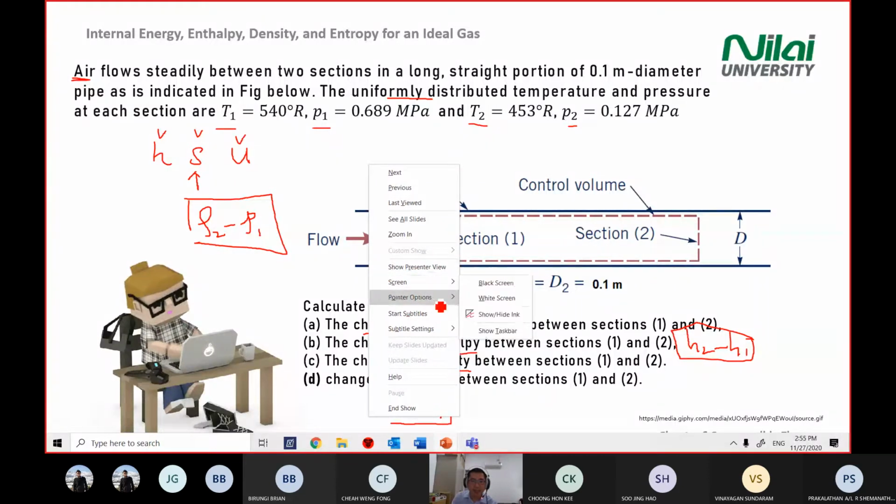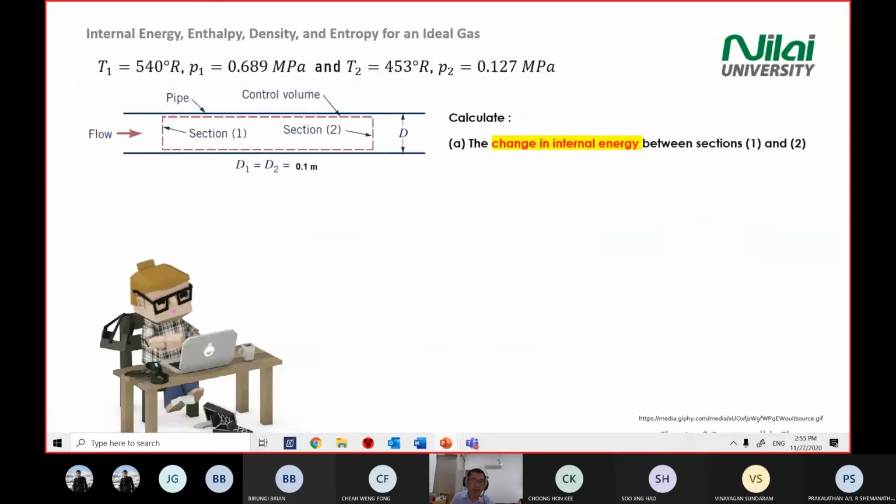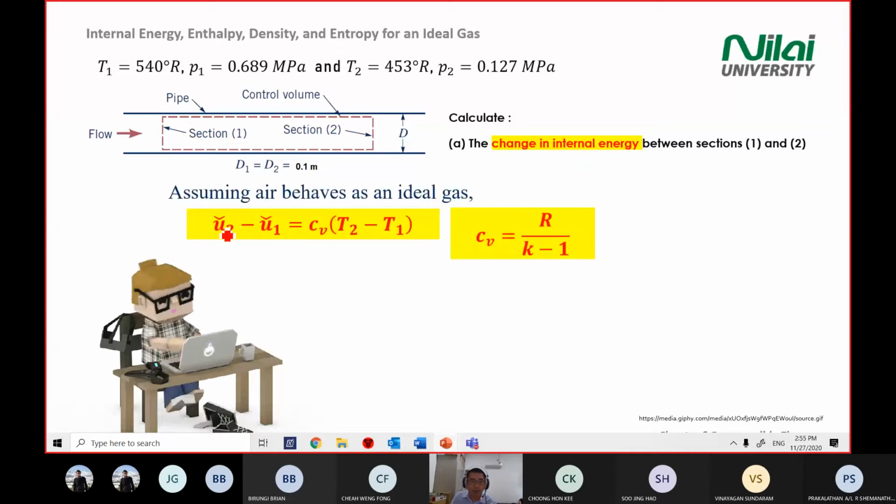So what is the strategy to solve it? Actually, not very difficult. As long as you identify the correct equation, you're able to find it. The first one, the change in internal energy, U2 minus U1 with the hat.